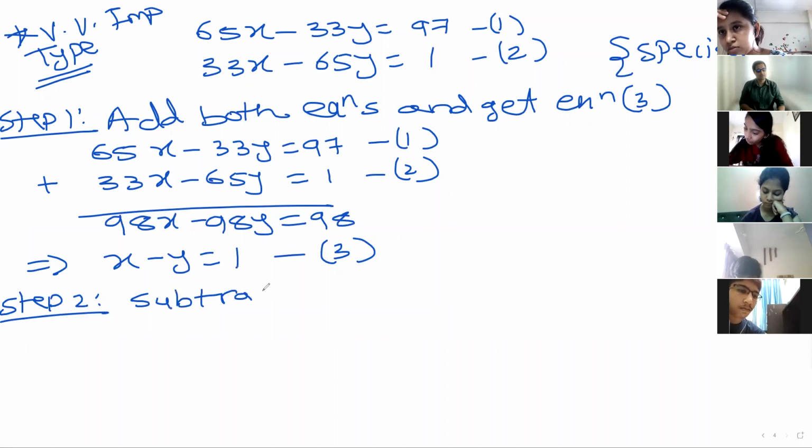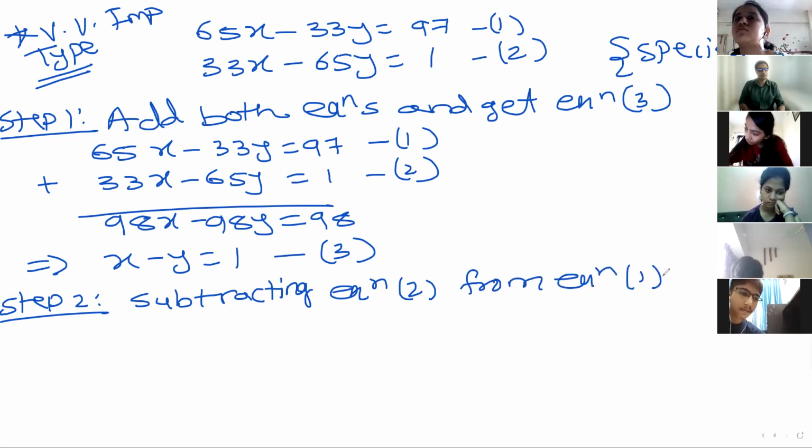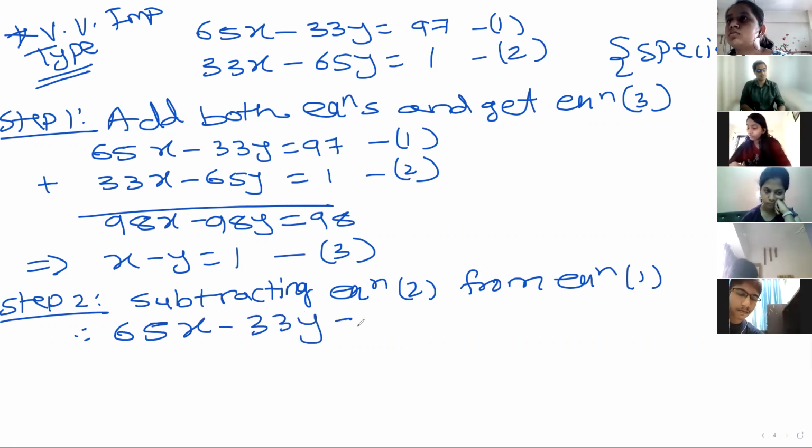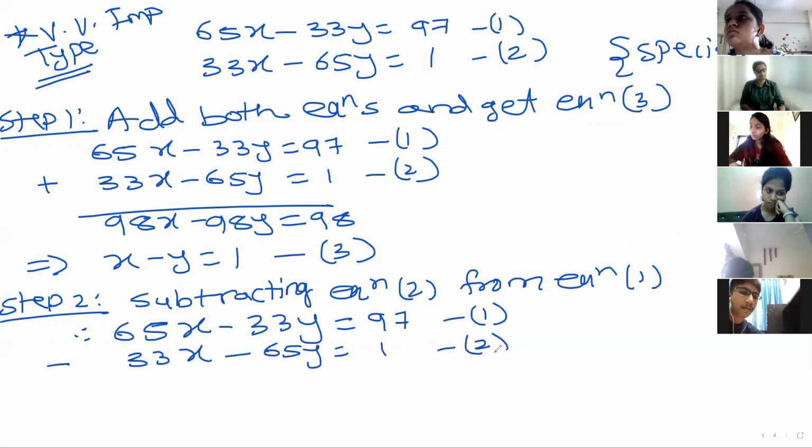Now in step 2, what do you do? Subtracting equation 2 from equation 1. Okay, let's subtract and see. So you get 65x minus 33y is equal to 97, this is equation 1, minus 33x minus 65y is equal to 1.